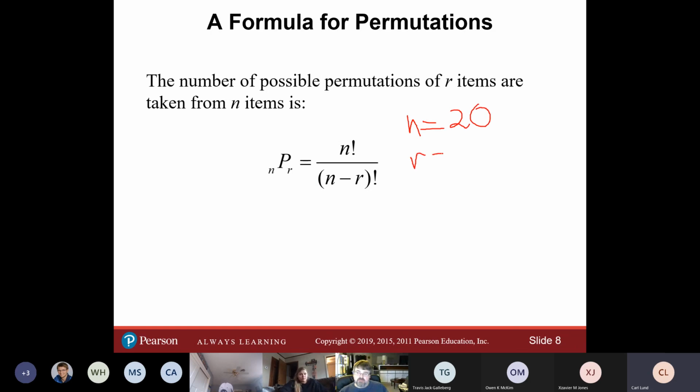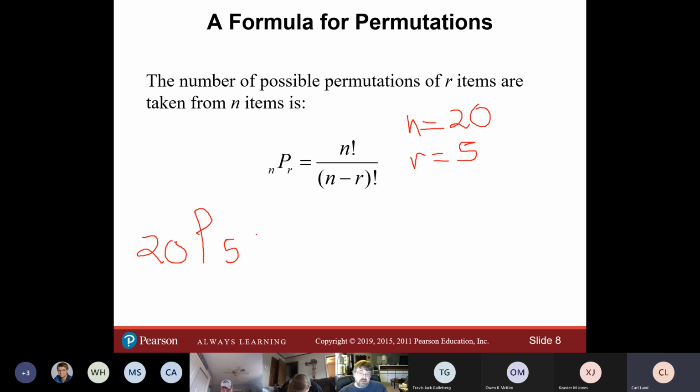And the number I'm picking to put on the shelf is 5. And we would write that like this: 20, capital P, 5. The P here isn't a variable or anything. It just stands for permutation. Sometimes people read this 20 pick 5, P for pick.